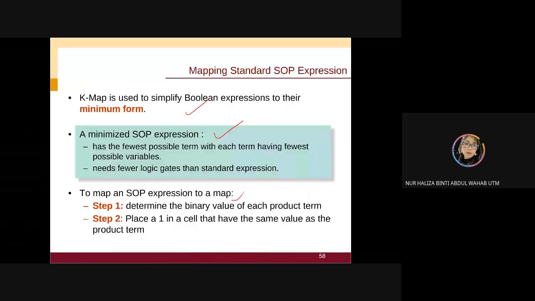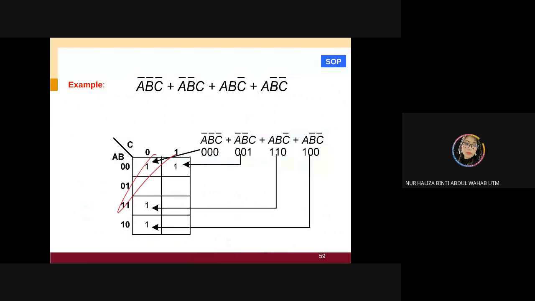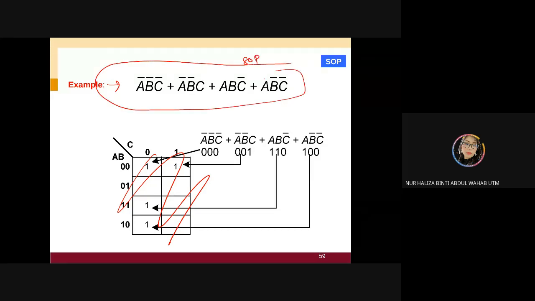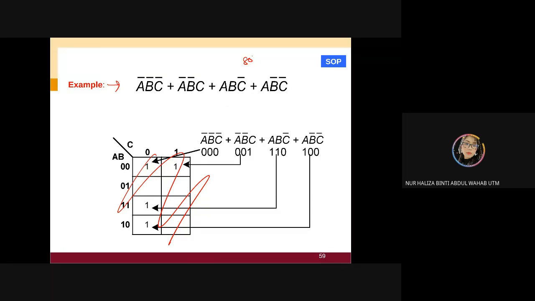Now, let's say you were given only this Boolean expression. You know this is SOP just by looking at the Boolean expression. Because of SOP, what happens? A equal to 1, A bar equal to 0, my F will be 1. Fix this one first. After that, look into all the Boolean expressions.